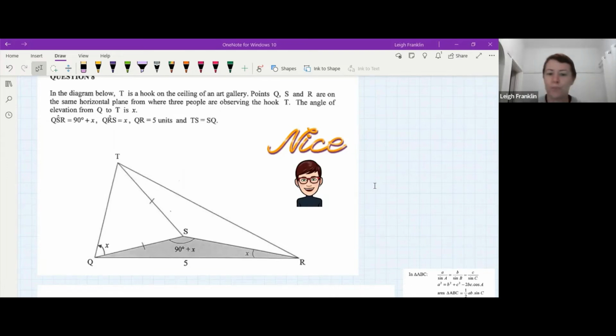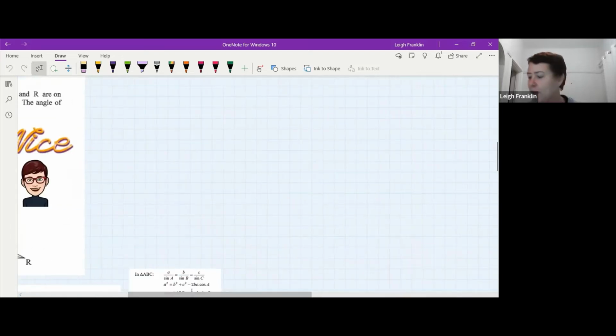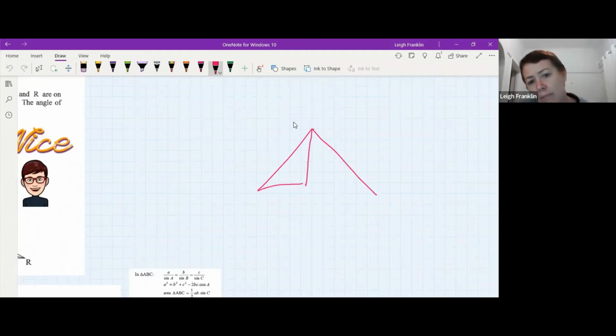Okay, so the basic rule is if you are working in a right-angled triangle, in 2D or 3D trig, you're always going to use your basic trig ratios. So in other words, if you have a diagram that is slightly different, sometimes you see something like this. Gosh, I really am drawing this very badly.